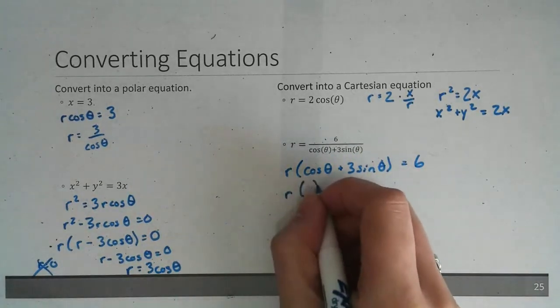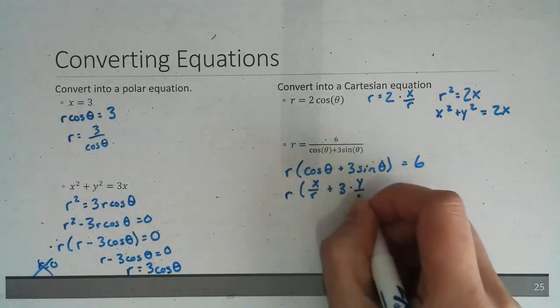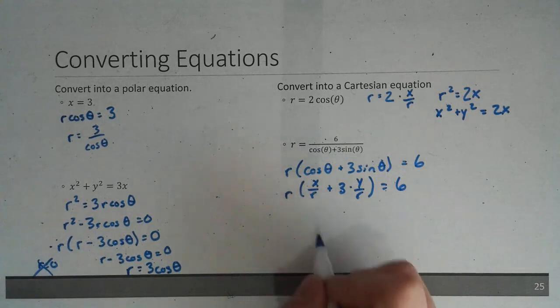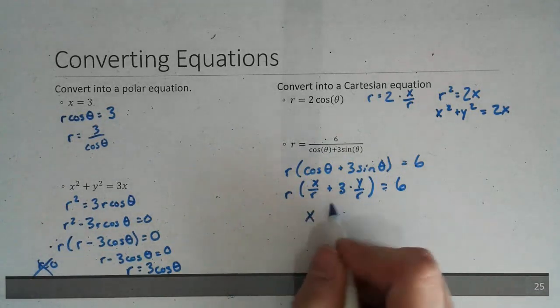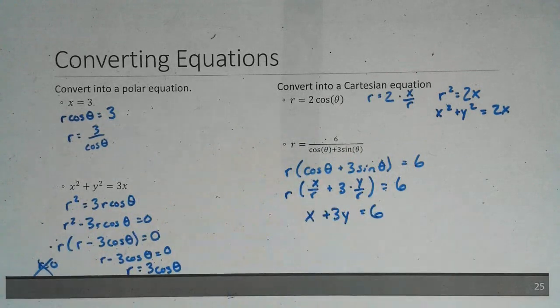So this is r times x over r plus 3 times y over r is equal to 6. If I distribute my r through the parentheses, r times x over r is just x. r times 3y over r is just 3y. And that's equal to 6. That is in terms of x and y, so we're done.